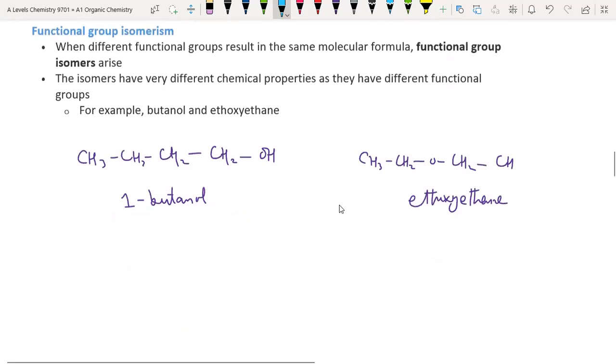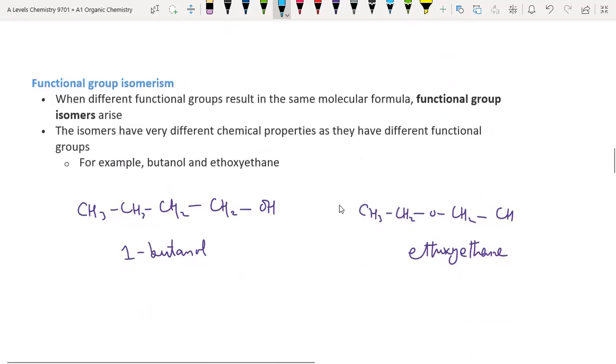Next is functional group isomerism. In functional group isomerism, compounds have the same formula but different functional groups. Let us see, here we are given 1-butanol, which has chemical formula C4H10O.